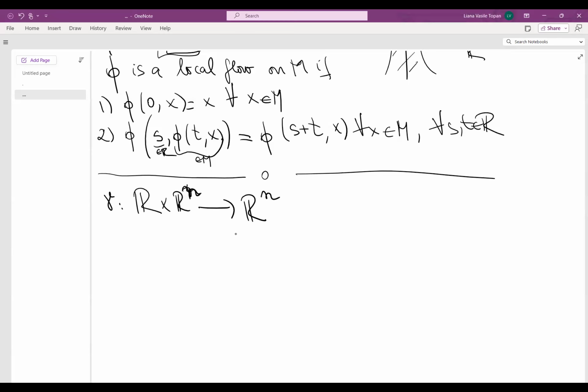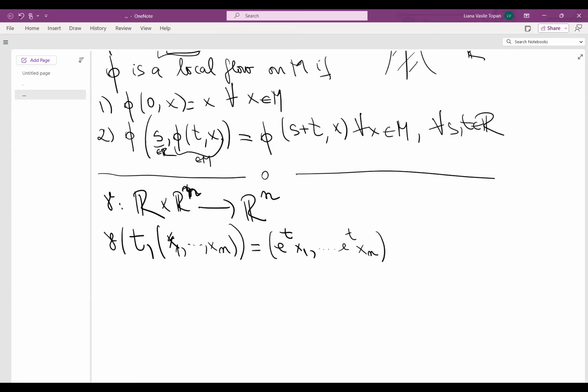So this is how we define it: gamma of t and a point in Rn, which will be of the form x1 up to xn, is exponential of t x1 up to exponential of t xn.